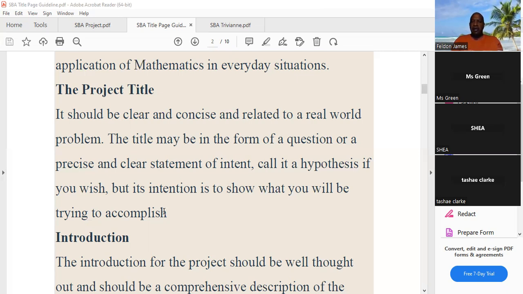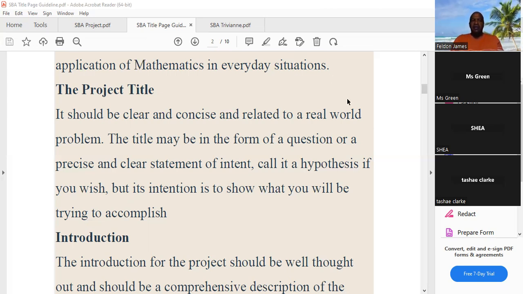Yeah, that could be a question. Or you could ask the question, is the lunch money that students are given by their parents sufficient to buy the lunches available at school, right? So you could come up with a question like that.